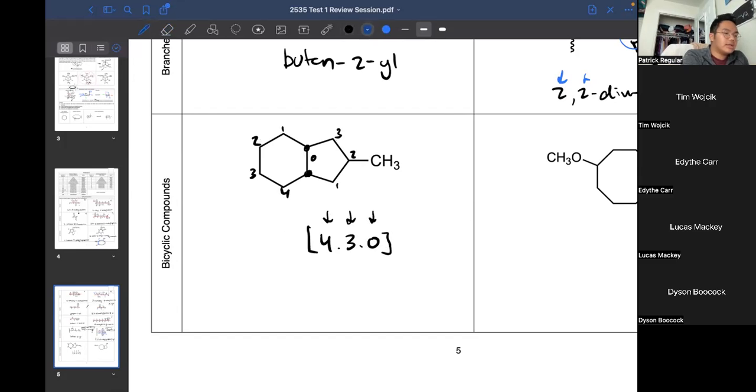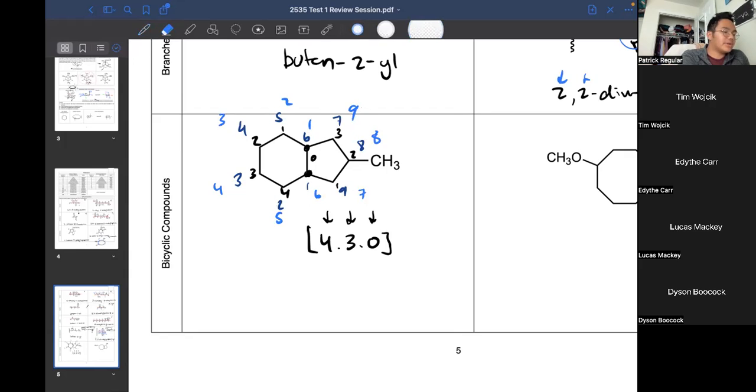All right. Now, in terms of numbering them, we have to start at a bridgehead carbon. 1, 2, 3, 4, 5, 6, 7, 8, 9. And on top of starting at a bridgehead carbon, we have to count around the first or the largest ring first. So if we go the other direction, 1, 2, 3, 4, 5, 6, 7, 8, 9.